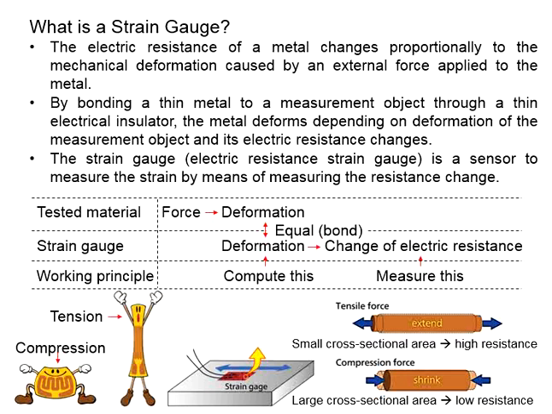Going back to the fundamentals, because of the thin line of the wire or the foil, there will be electric resistance. Now the deformation of these wires will lead to changes of this electric resistance. The electric resistance of a metal, in this case the wire and the foil, changes proportionally to the mechanical deformations caused by the external force.